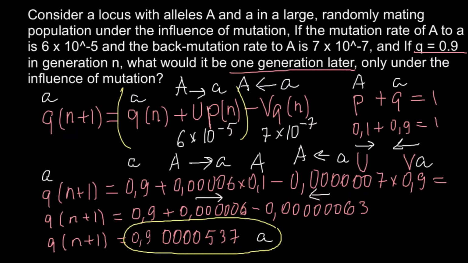And as you see, we can predict that after a certain number of generations we would completely lose this dominant allele A, and we call such a situation that the recessive allele A becomes fixed.